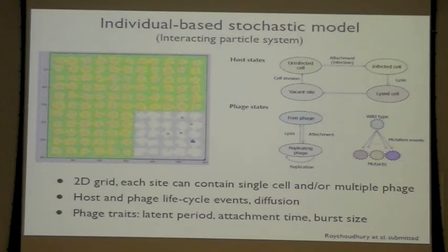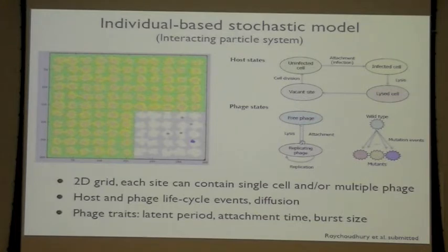And the site that was occupied by the lysed cell then becomes vacant and can be populated when an uninfected cell in the neighborhood divides. So in addition to the state of cells, we also look at the states of phage at that site. So phage are either free, which means that they haven't infected the cell yet, or they're replicating, which means they've already infected the cell and they're in the process of undergoing replication.